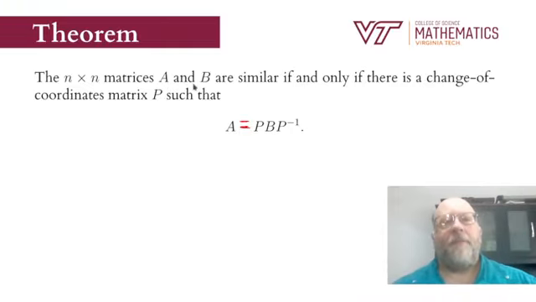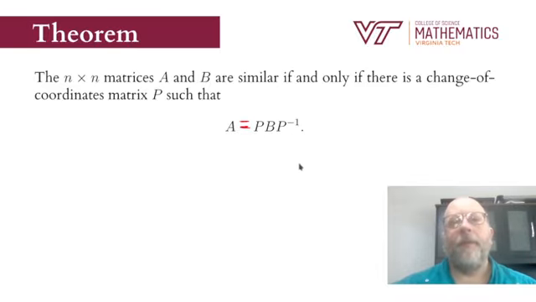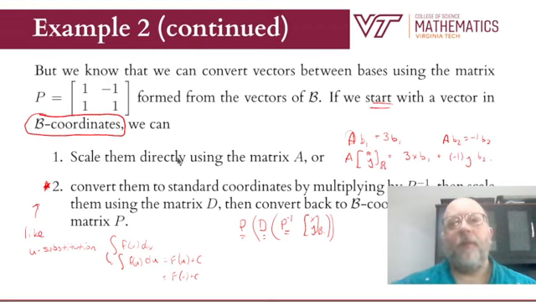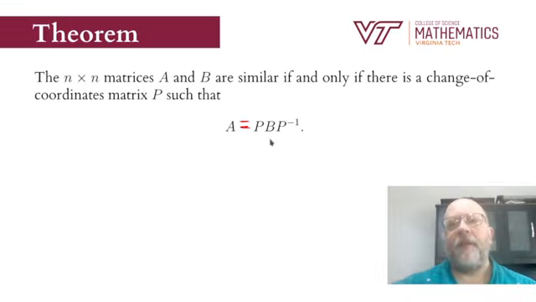So the matrices A and B, this is a theorem, and it's the theorem that we're going to use next time, are similar if and only if there is a change of coordinates matrix P so that the matrices A and B are related by this conversion: P times this matrix times P inverse. In this case, we were converting using a diagonal matrix D, and that's usually what we're going to use.